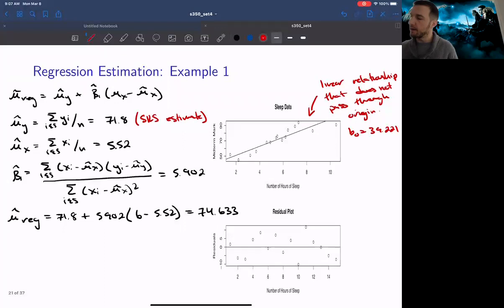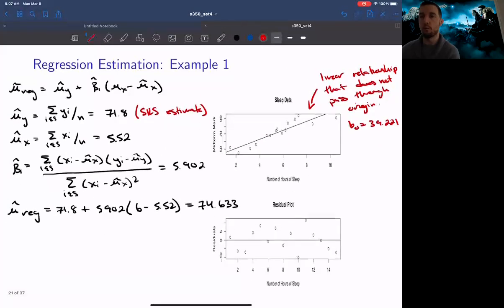All right, so on slide 41, we looked at an example of how to estimate the population mean using regression estimation. Now we have to go back and derive our estimate for the variance of the regression estimator for the mean.